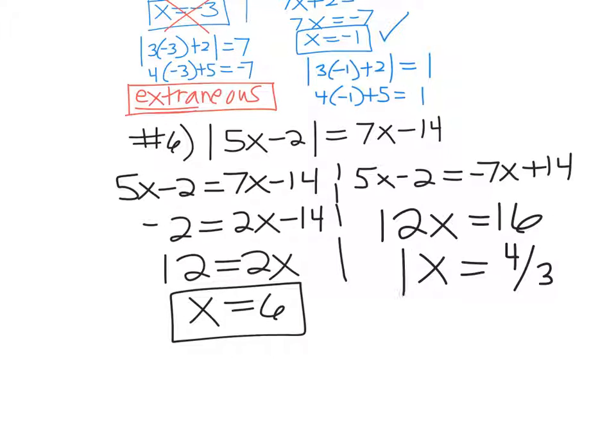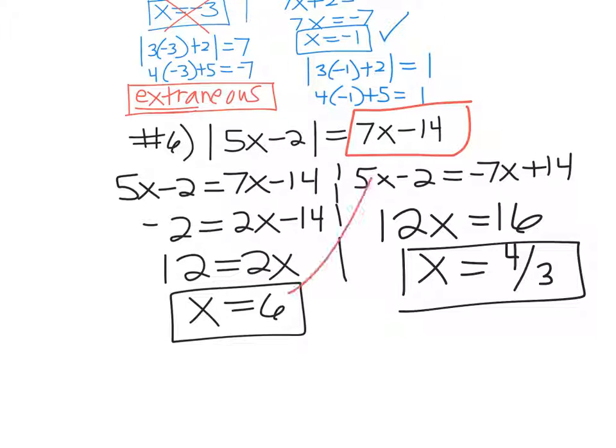Okay, here's the shortcut to checking. You really only need to check one side. Okay? If you check this side and you get a positive number, then you're good. It's kind of a little shortcut. So if I plug in 6, I'm going to get a positive number there.